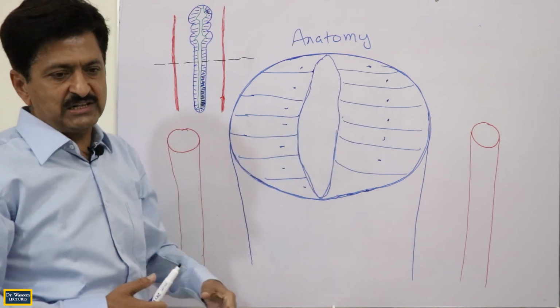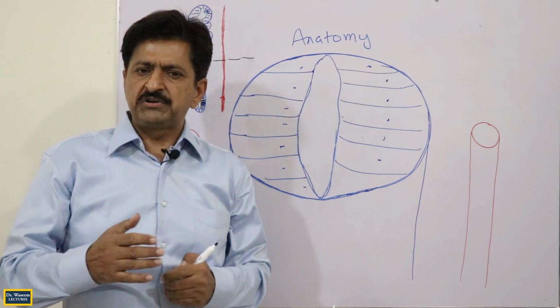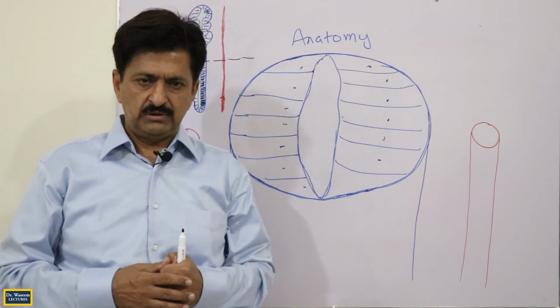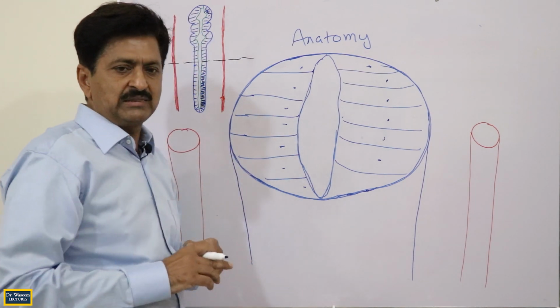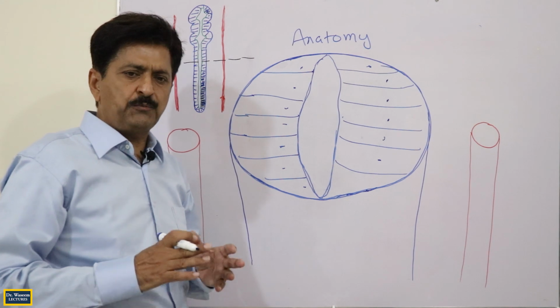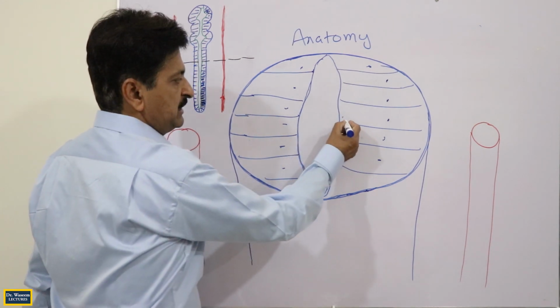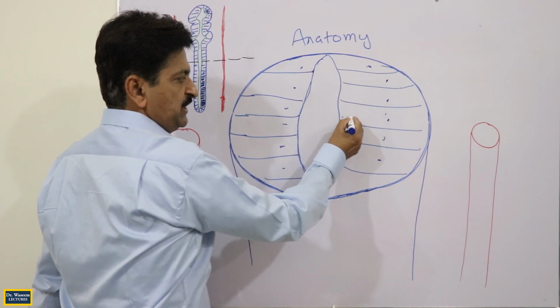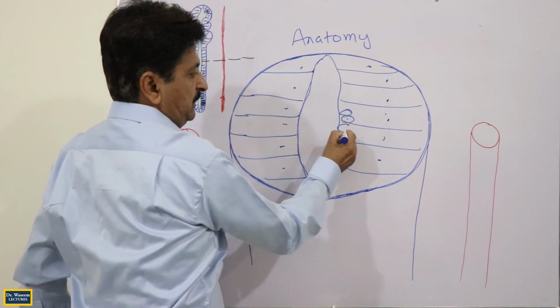These neuroepithelial cells will initially form the primitive neurons, or neuroblasts. They will differentiate into neuroblasts, and the proliferation is so fast that they divide at a very fast rate and accumulate around the central canal.